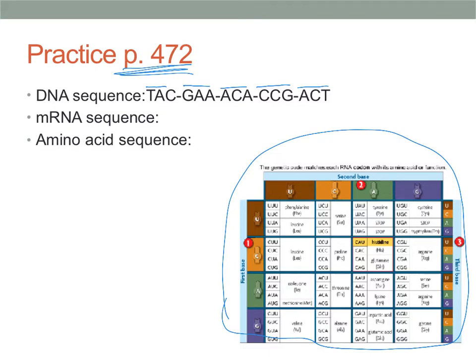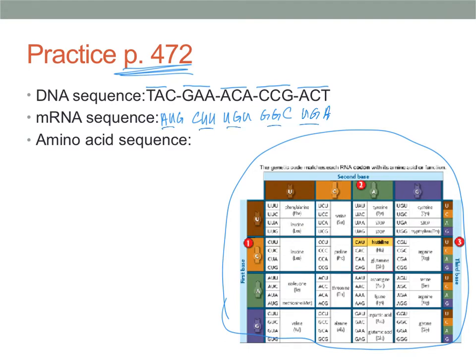When we're going from DNA to RNA, T would give us an A, A would give us a U, and C is G. So this would be AUG, CUU, UGU, GGC, and UGA. So these are our messenger RNA codons.